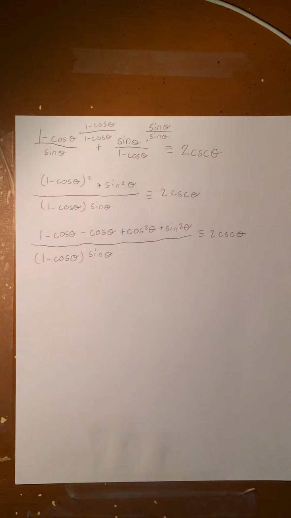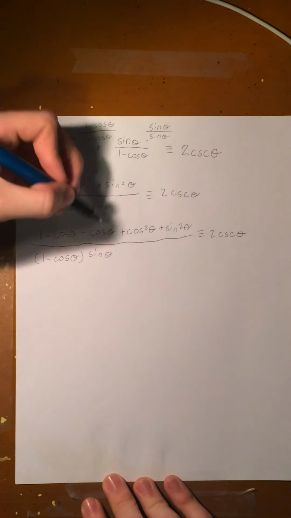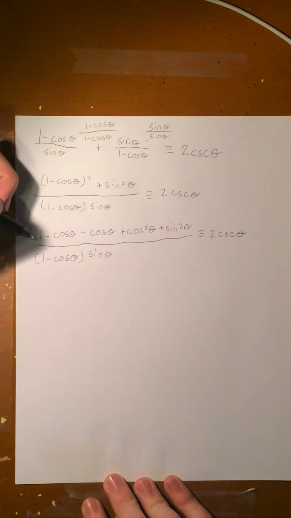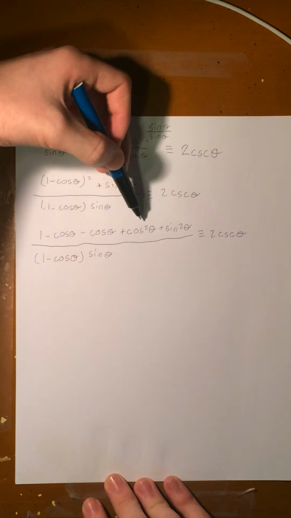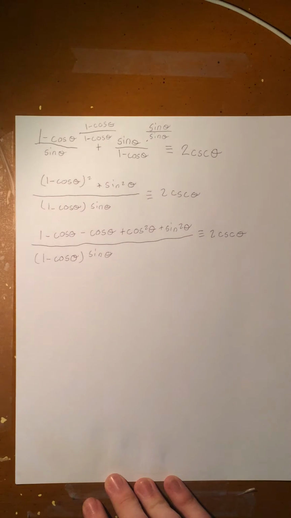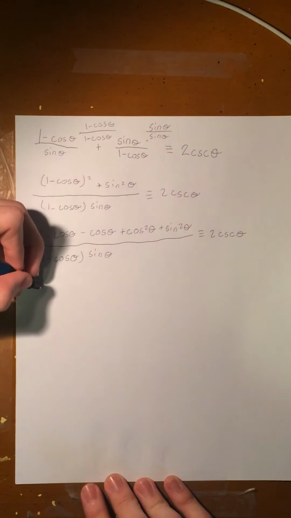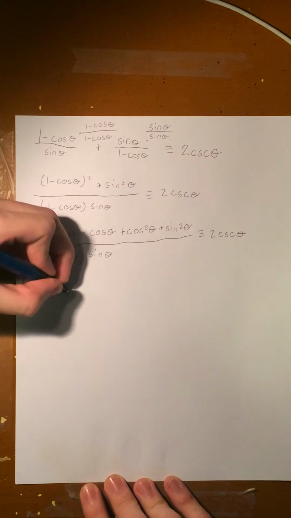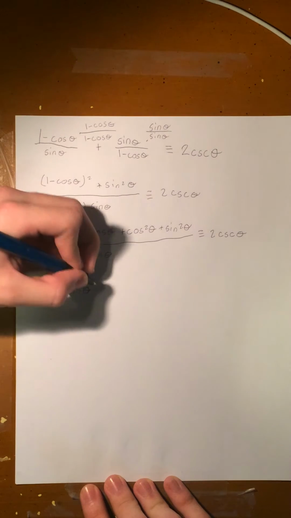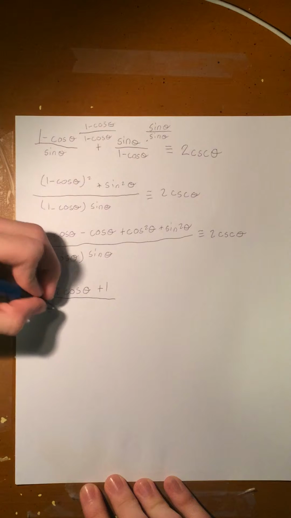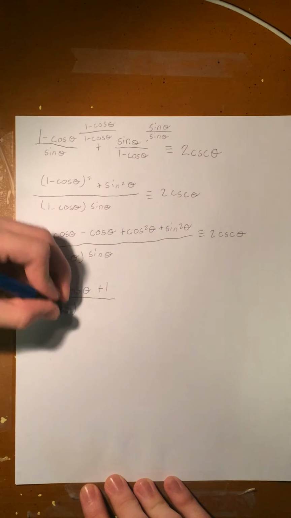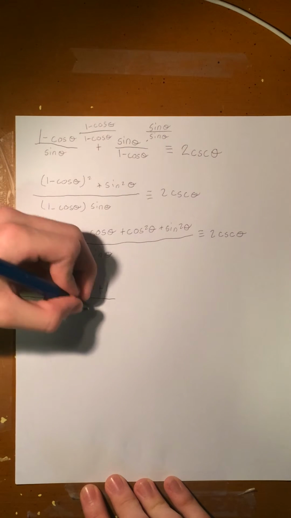Okay, we're doing good. Now, we add these two parts and we'd get 1 minus 2 cosine of theta. Now, cosine squared of theta plus sine squared of theta is the same as 1. Now we rewrite it as 1 minus 2 cosine of theta plus 1, all over (1 minus cosine of theta) times sine of theta.